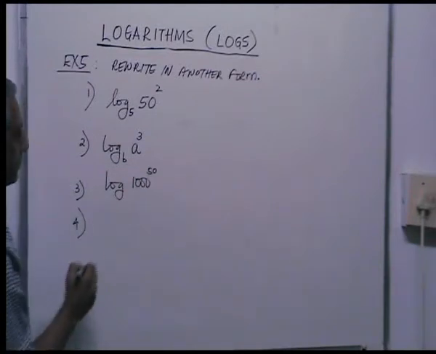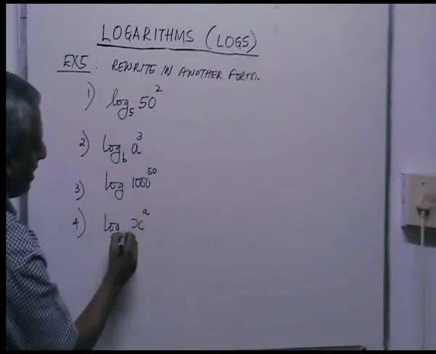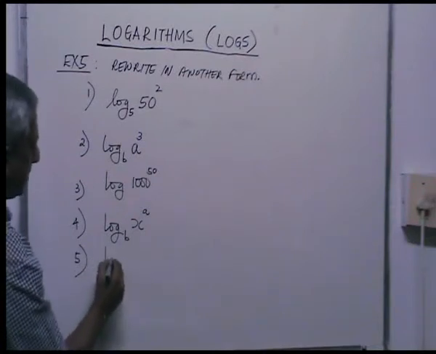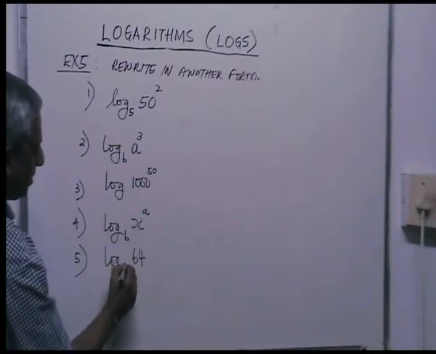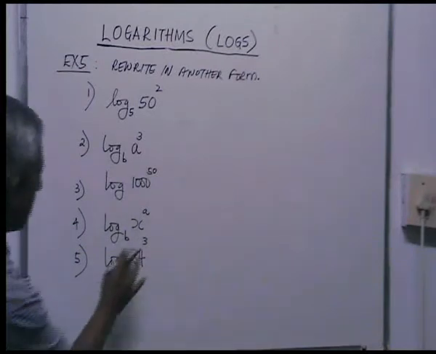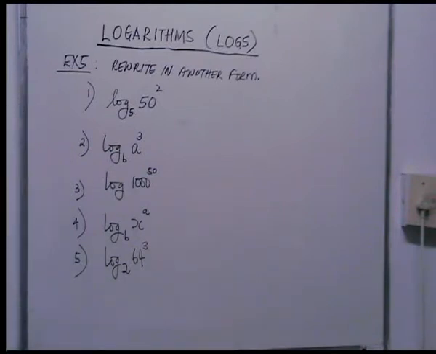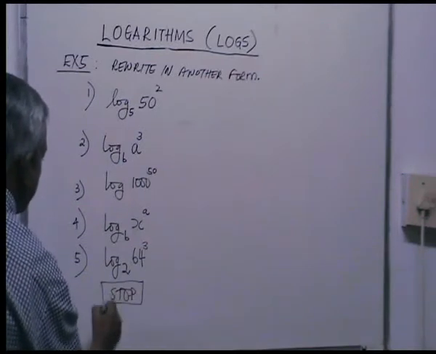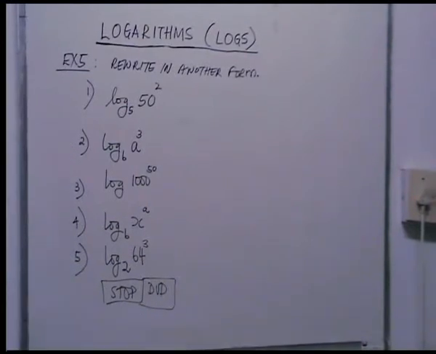Number 4, the log of x to the power a to the base b. Number 5, the log of 64 to the base 2 to the power 3. Right, here are your 5 little examples. Stop the DVD, take them down, try them, and return to see if you got them right.